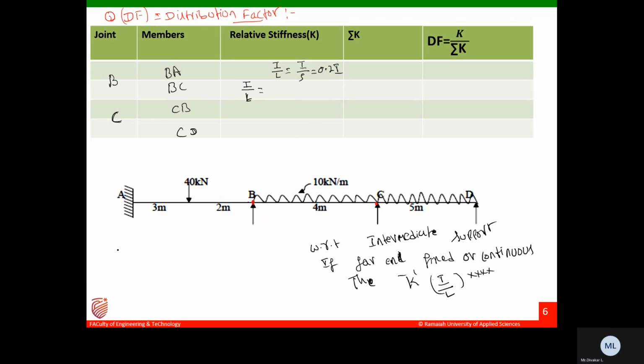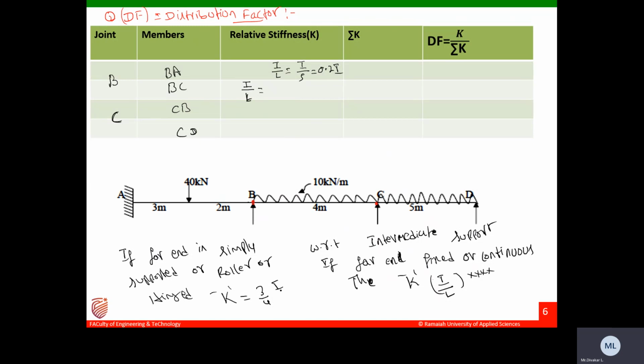Similarly, if the far end is simply supported, or roller or hinge, then K equals 3/4 of relative stiffness, which is 3/4 of I by L. Okay guys, the relative stiffness will be 3/4 of I by L. So we need to remember this.